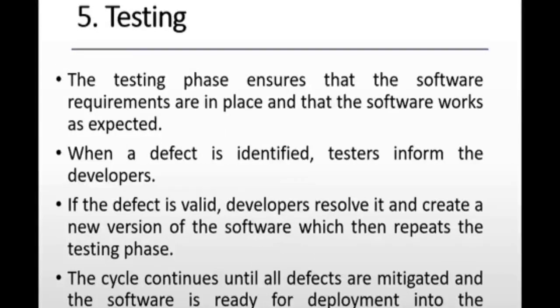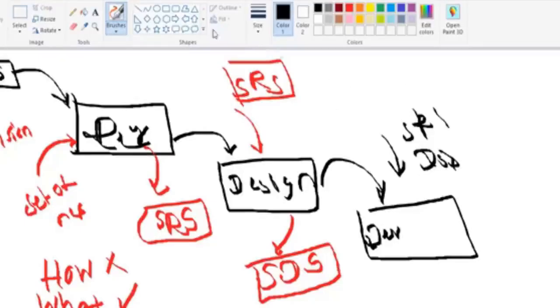Once the development is done, then we have to integrate it, right? Once the integration happens, the next phase is testing. So once we have developed it, we have the integration, and once we are done with the integration, the next step is testing.